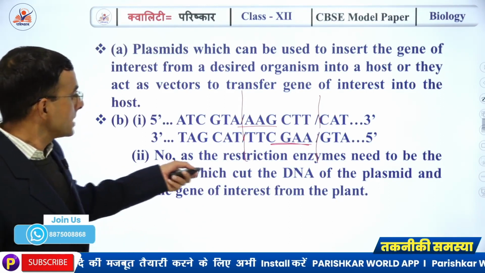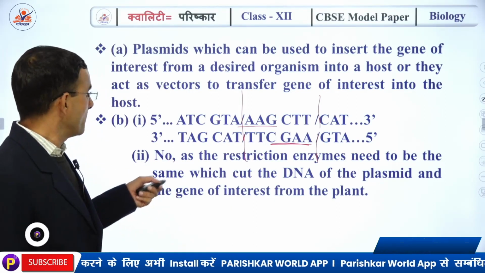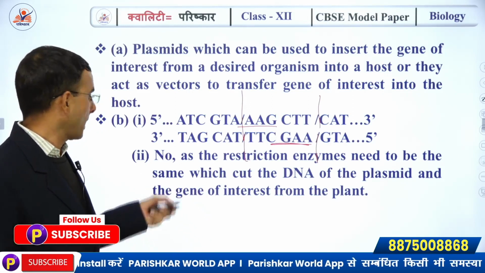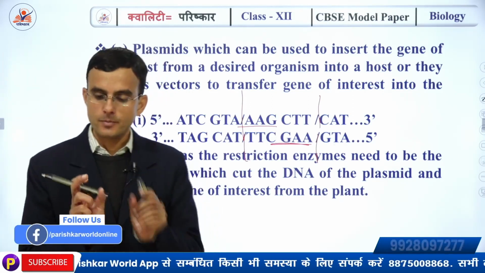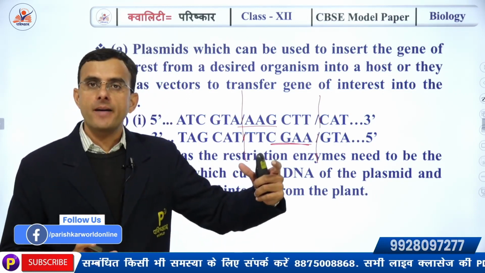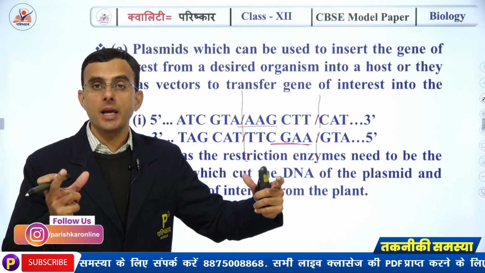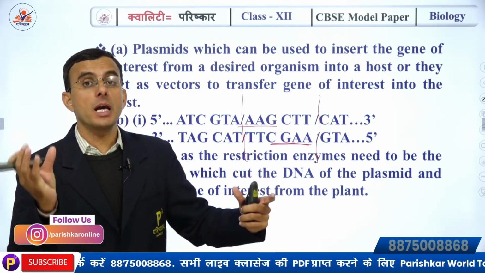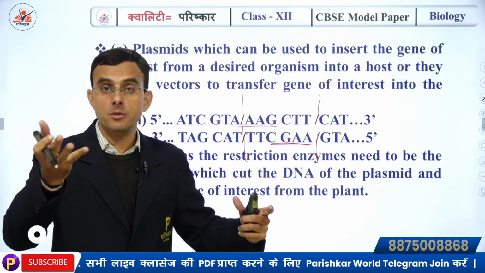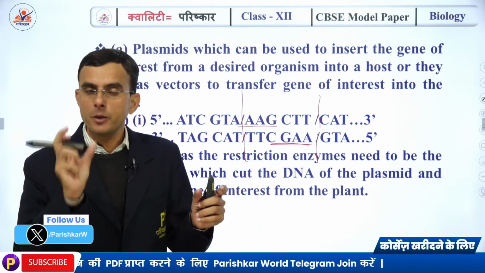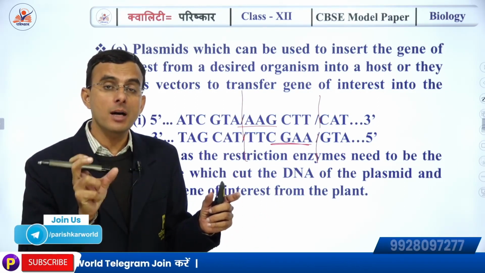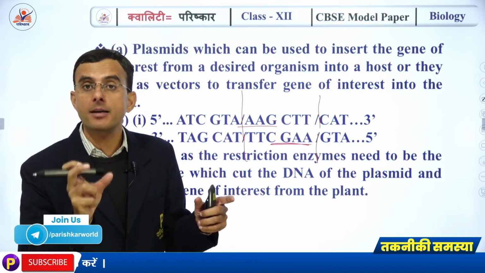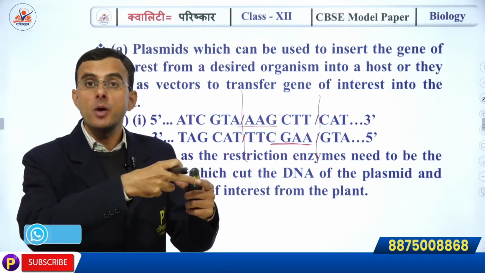Is the restriction enzyme needed to be the same to cut the DNA of the plasmid and the gene of interest from the plant? Look at this one. On one side there is a vector. On the other side we have that particular gene we have obtained from a particular place of the DNA. Now we want to transfer that particular gene into a vector.